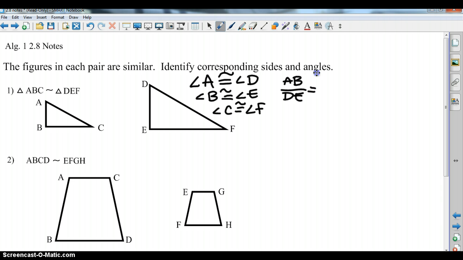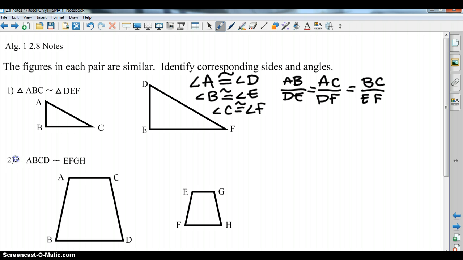So we would write AC over DF. And then the very last one, BC, corresponds with EF. You just look at the sides and the angles and see which one match up with the second figure.